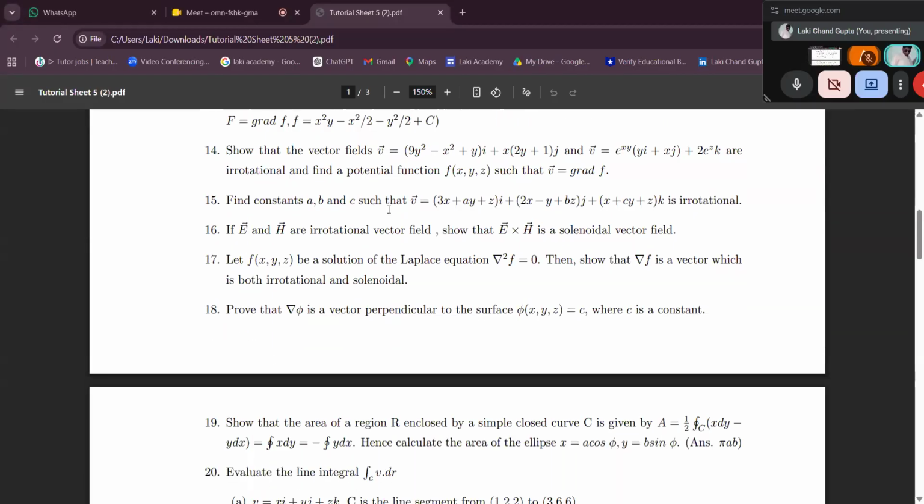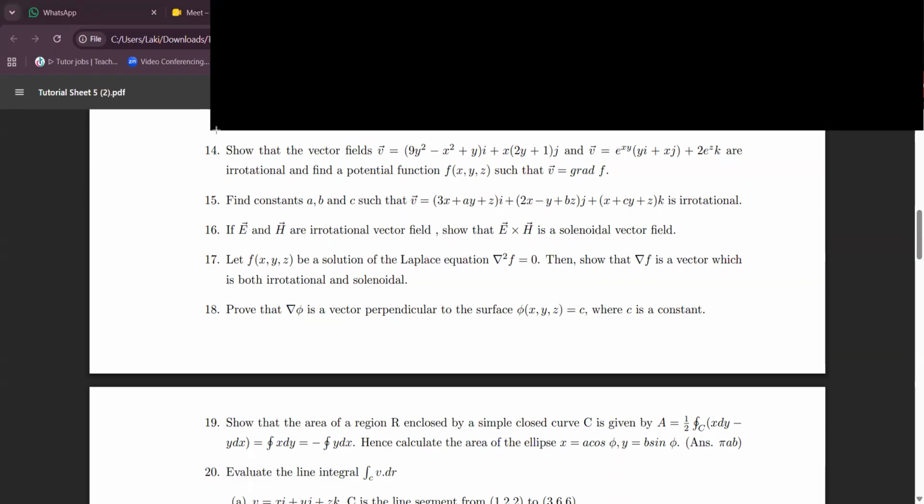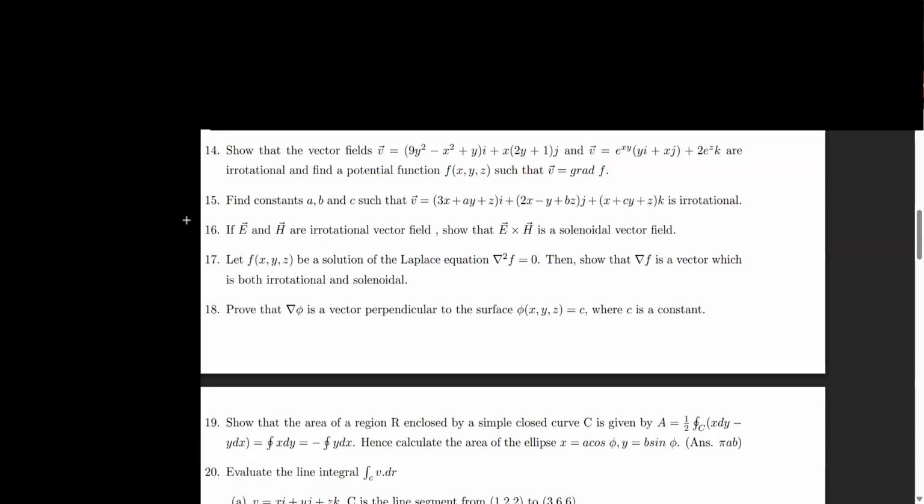See, question number 14, right? Read the question number 14. Show that the vector v and vector v. So there are two vectors given, and you have to prove both are irrotational.